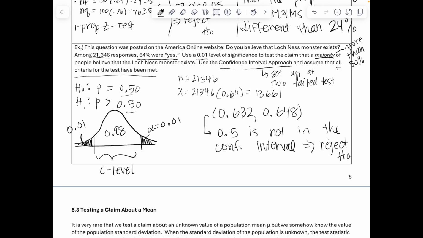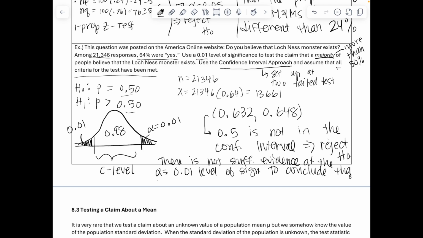And so from here, we can say that there is sufficient evidence at the alpha equals 0.01 level of significance to conclude that a majority of people believe in the Loch Ness Monster.